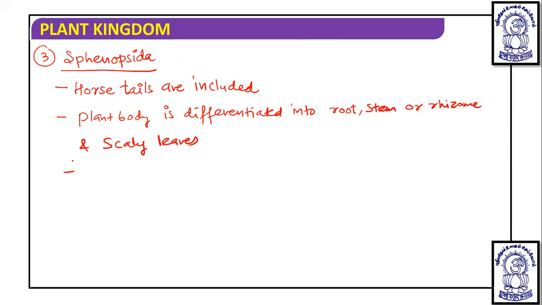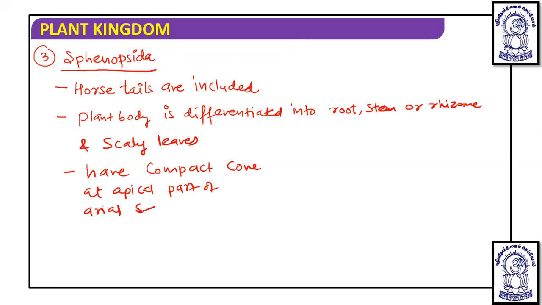It is important that they have a compact cone at the apical part of the aerial stem. If we take the example of horsetail, that is Equisetum, which is also known as pipe.